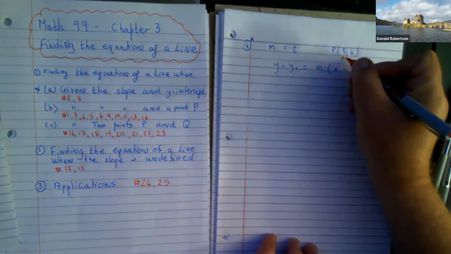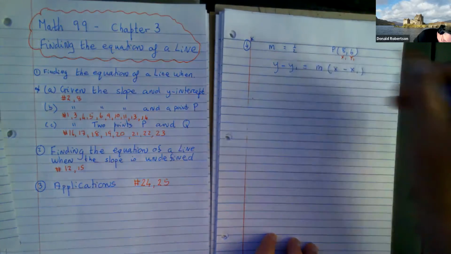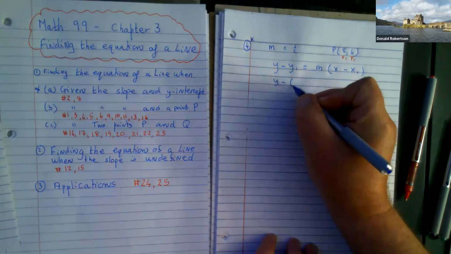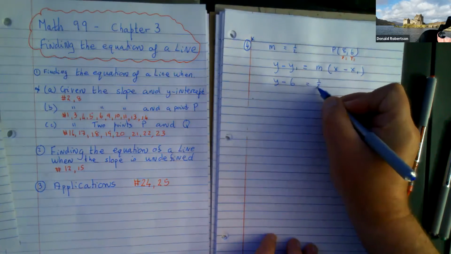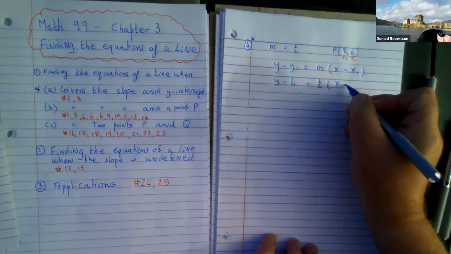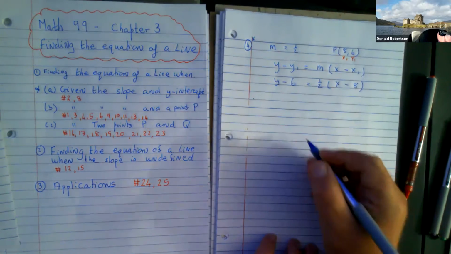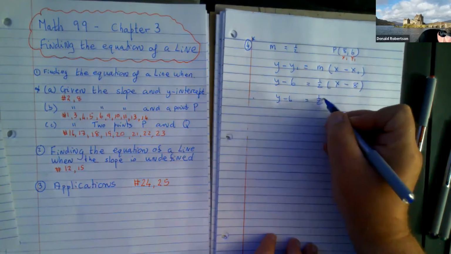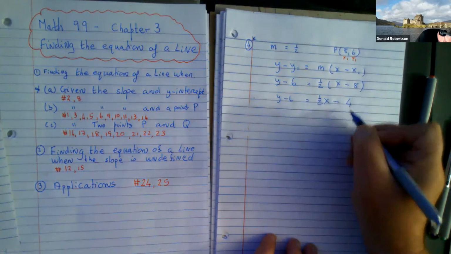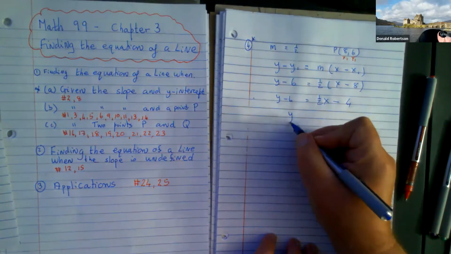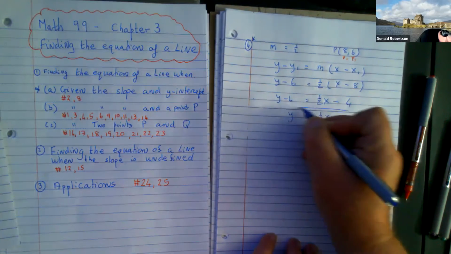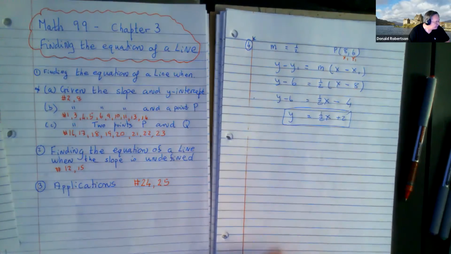And this is x1, and this is y1. So we have y take away 6 is 1/2 (x take away 8). Distribute the half, we get 1/2 x take away 4. Add 6 to both sides. And there is the equation of your line.